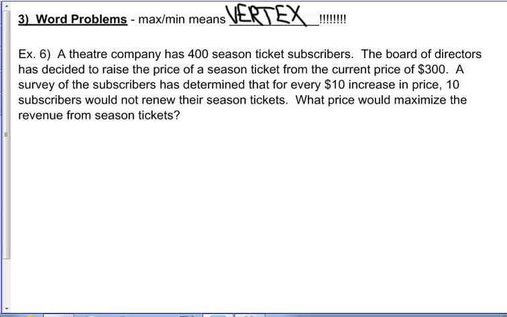So when we have a whole bunch of information like this, sometimes it's nice to take a little example. So right now, what would the revenue be? It would be 400 subscribers at $300 a piece. And whatever that works out to be, 120,000.